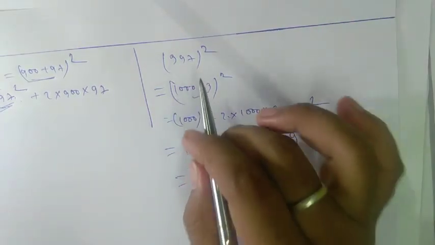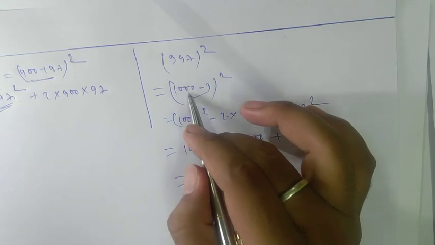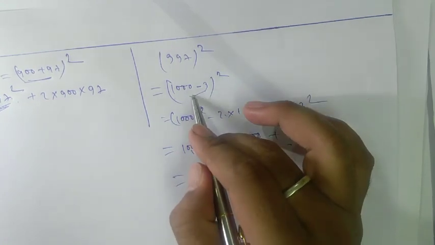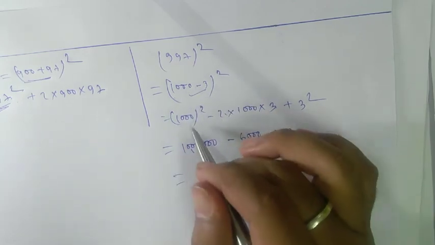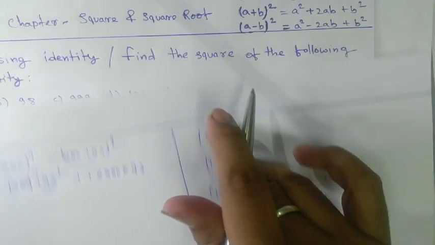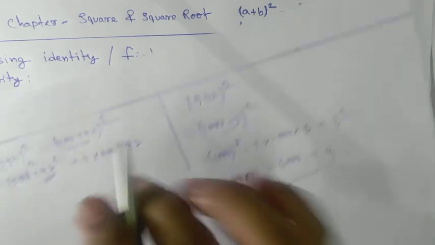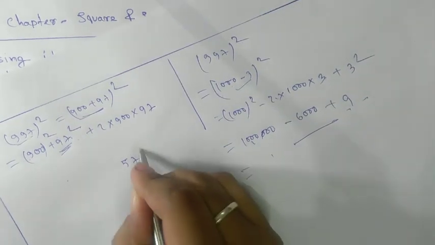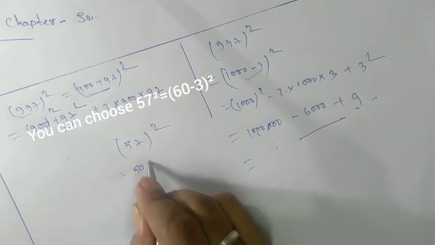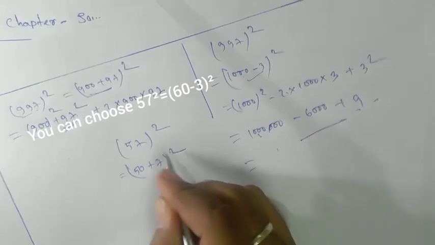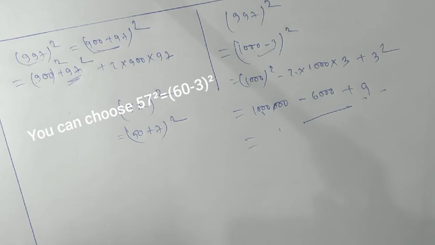That means our target is to keep a as 10, 100, 1000, this type of number, then it will be easy for us, and generally we prefer this type of number. Now if we get any question like 57 whole square, what are we going to do? There is no choice. In that case, you take 50 plus 7 whole square and then you proceed the way it is given.